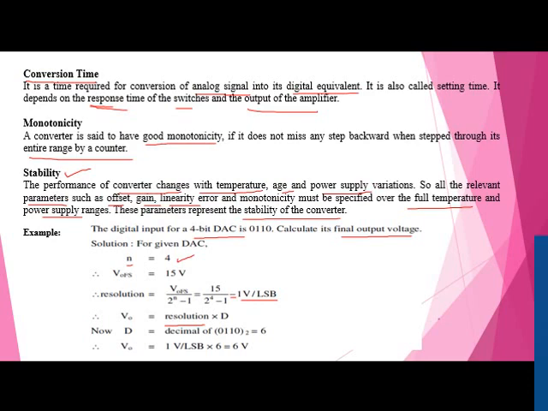This is the answer: the binary value of the 4-bit is 0110, corresponding to an analog output of 6.